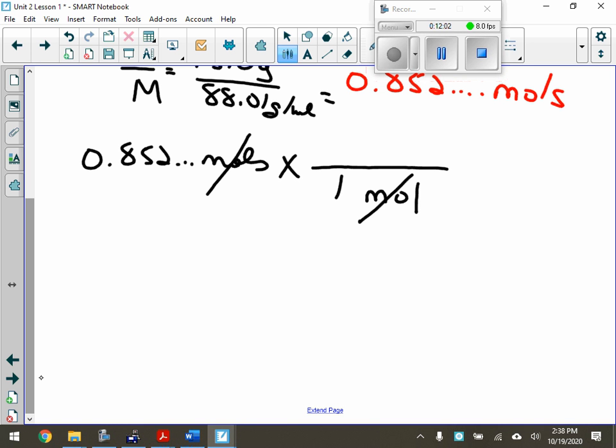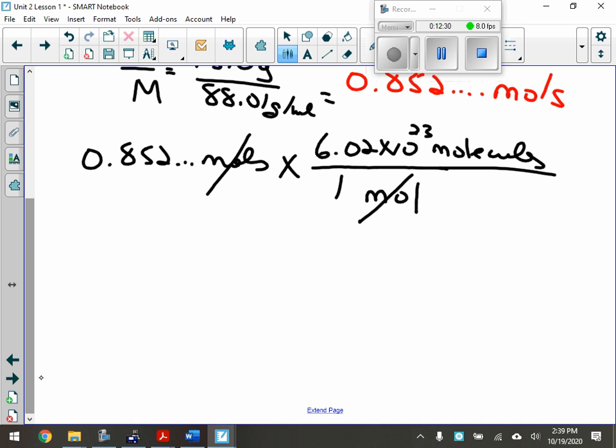That makes sense. And then I put the 6.02 times 10 to the 23 molecules here. Basically I'm saying, look, 1 mole is 6.02 times 10 to the 23, so 0.85 moles would be 0.85 of that. That's one way to think of it.